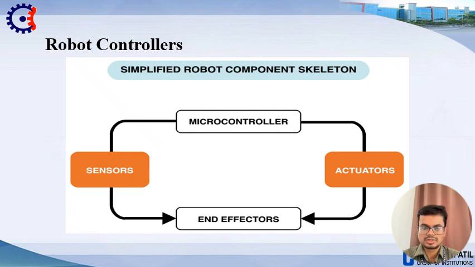And later there are end effectors, through which the robot performs certain actions, like it can have a lift arm or a drilling machine with which it needs to do certain kinds of work or change in an environment. And later, the most important part is the microcontroller, through which we can give instructions and programs to the robot.